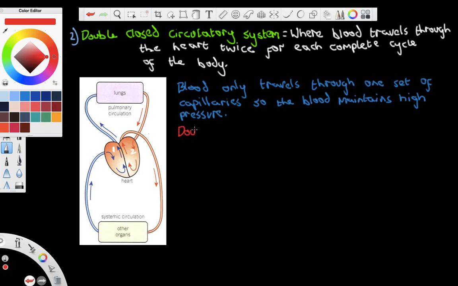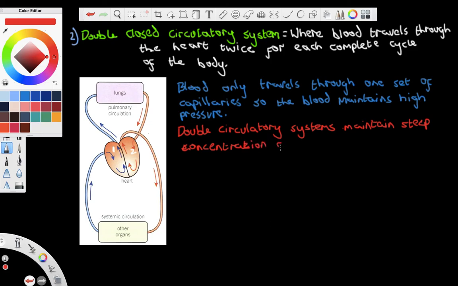So double circulatory systems maintain steep concentration gradients between blood and cells.